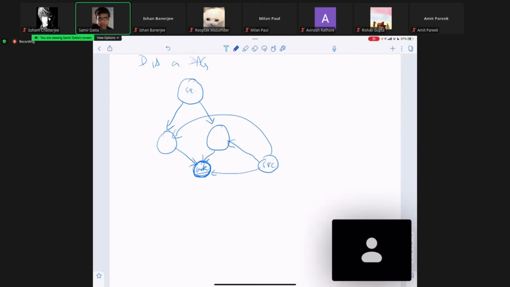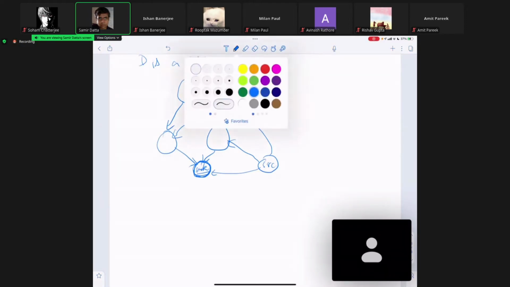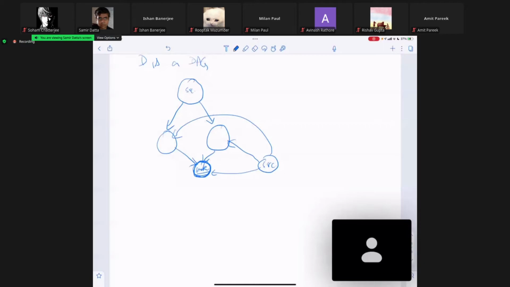All its neighbors, meaning this sink contains many vertices. If we choose any vertex in the sink, yes, good. Now we just look at the vertices reachable from V, is what you're saying. Yes, sorry, not neighbors.